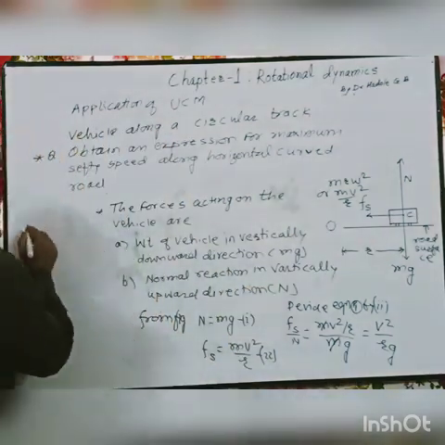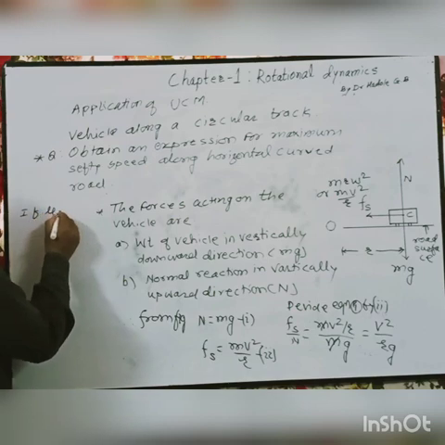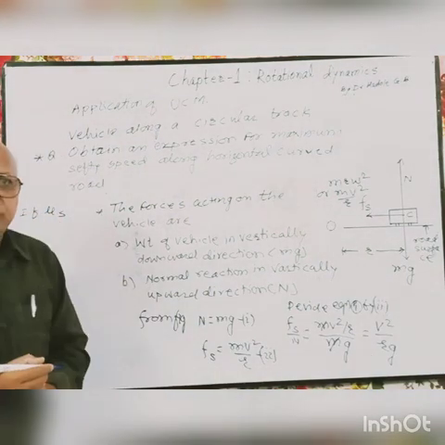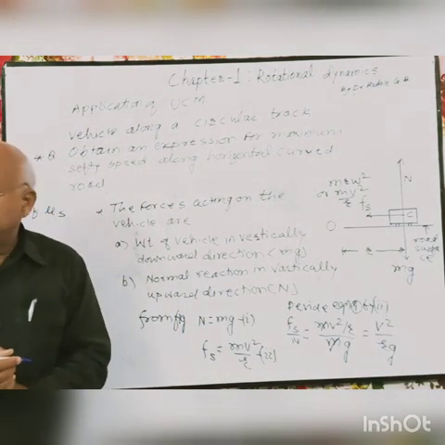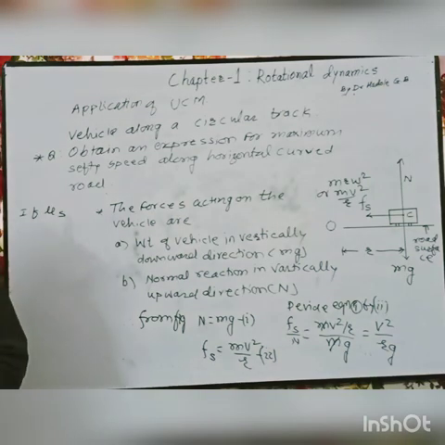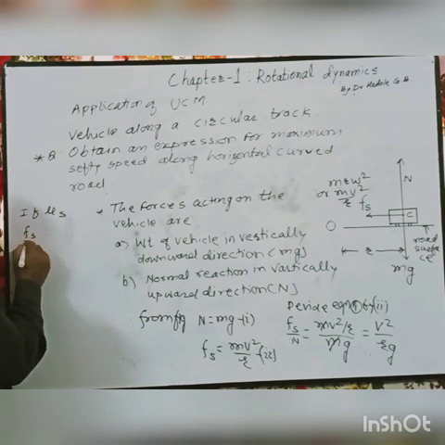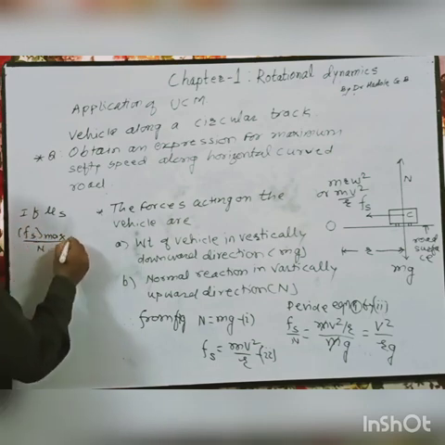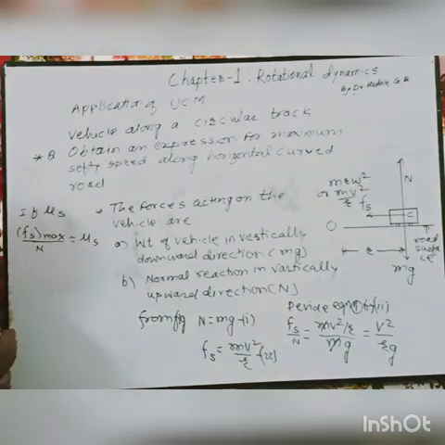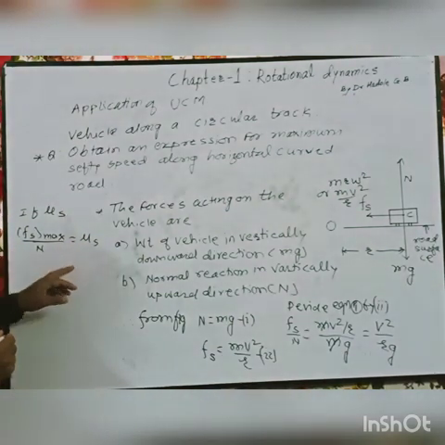If mu s is the coefficient of static friction between the road surface and the tires, we write Fs maximum upon N equal to mu s.